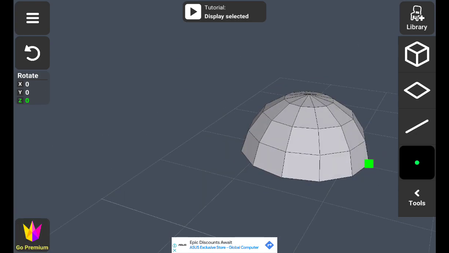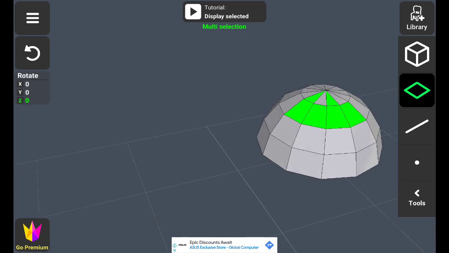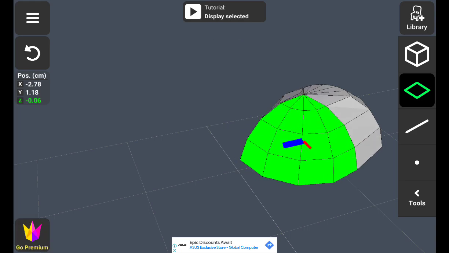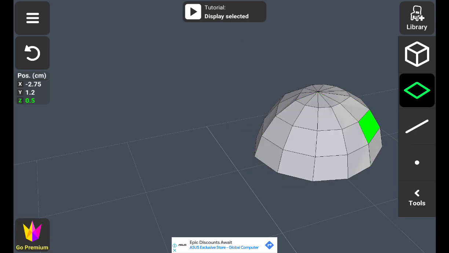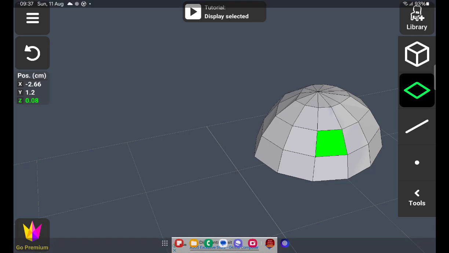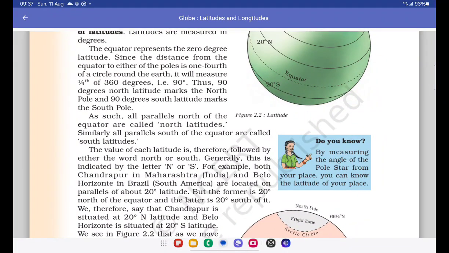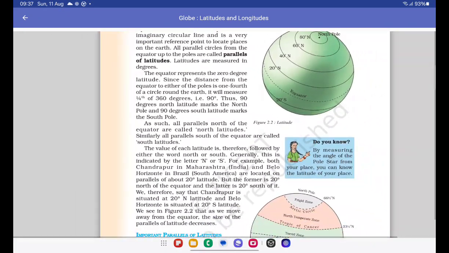I'm going to select this half as well and just delete it. Let's say that I'm dividing it into four equal parts. I'll just delete this area. It's really annoying, I'm just skipping this 3D modeling. So let's say that we divide the earth into four equal parts.